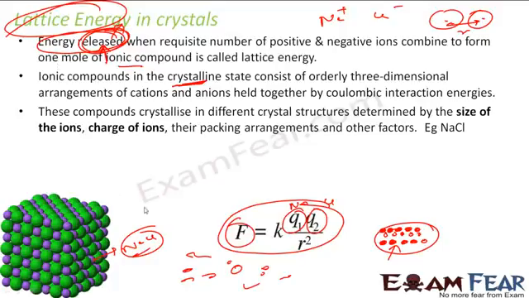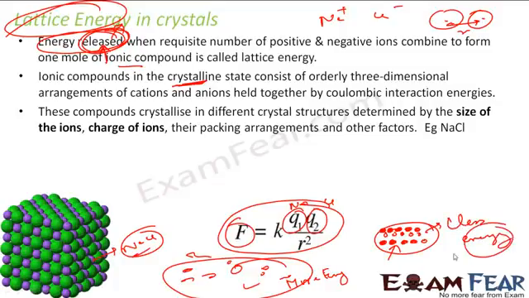Hope you understand this. When it is haphazard, it has more energy. When it is crystalline in some structure, it has less energy, right? So where did the energy go? The energy came out in the form of lattice energy.